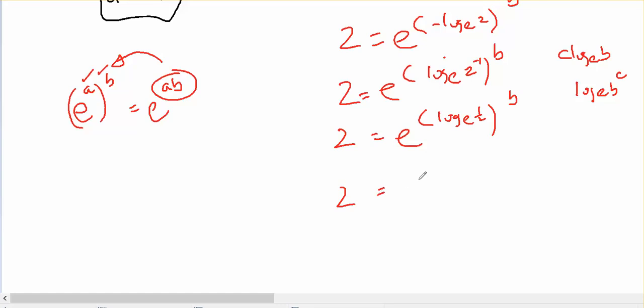Now e to the log base e of a equals a. Therefore, e to the log base e of a half equals a half.